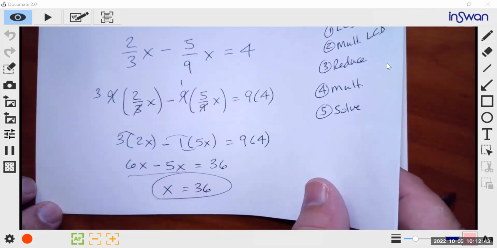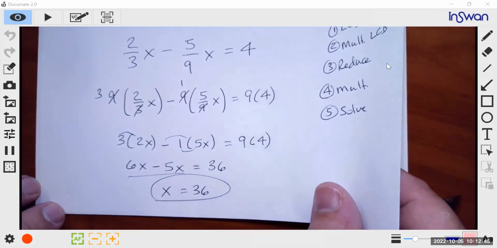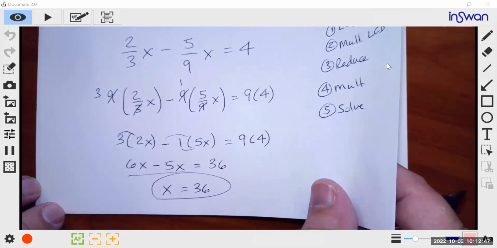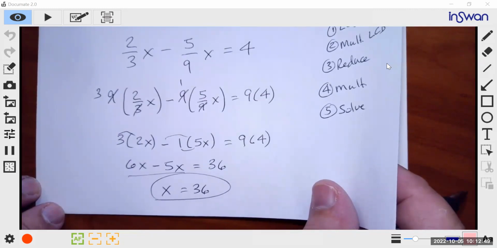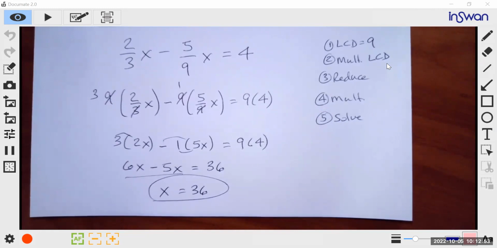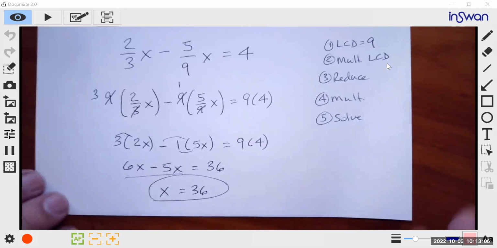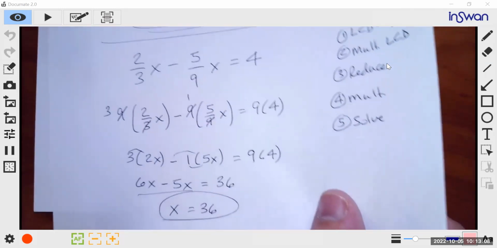Okay, let's look at. So that does it for section 12.1, the addition properties, and for the most part, 12.2, the multiplication properties. We're going to do word problems, but not today.